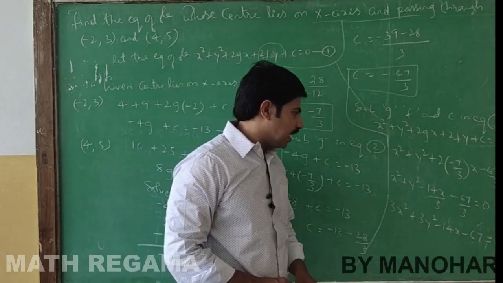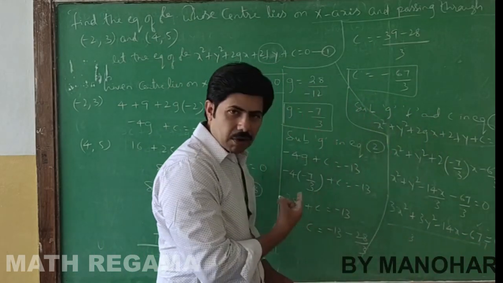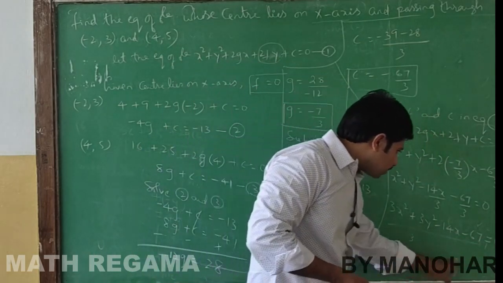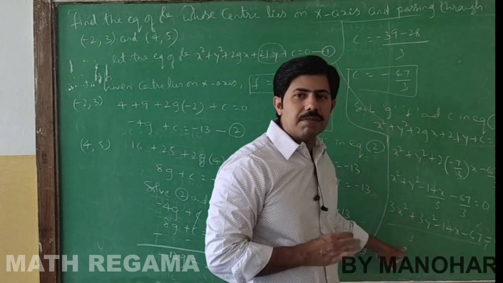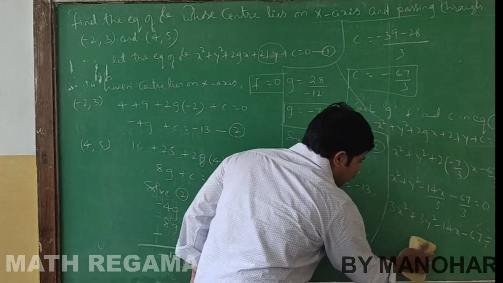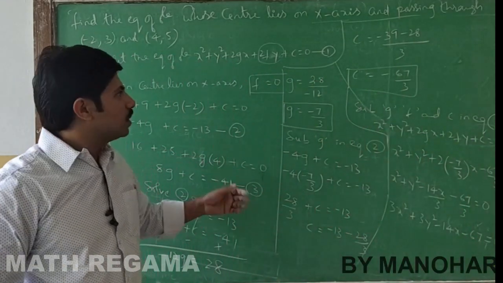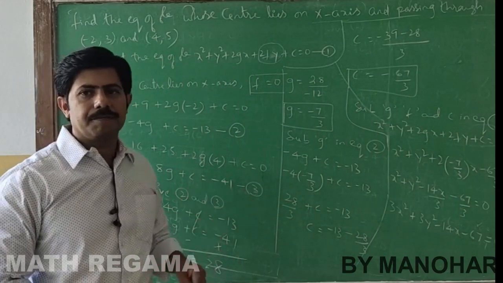See, when we take LCM, we get by 3. But why am I not writing that 3? If you cross multiply, 0 into anything will become 0. So that is the reason I am not writing by 3. So this is the required equation of circle. So this problem is completed.